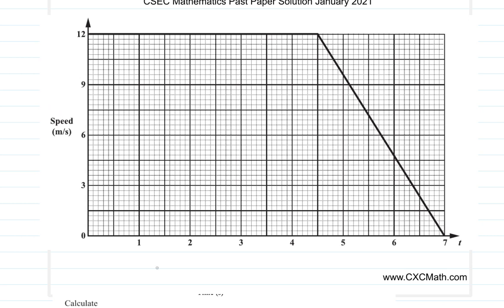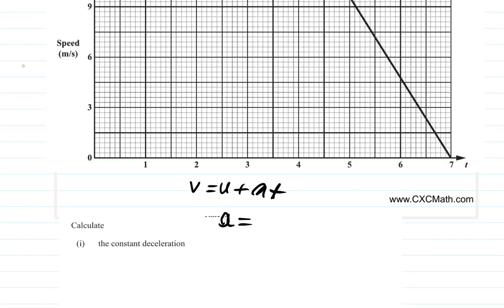If you study physics, you would have also seen where the final velocity v equals initial velocity u plus acceleration times time. So when you transpose for acceleration, and deceleration is the same as negative acceleration, what you would get for that formula is v minus u over t, change in velocity divided by time.